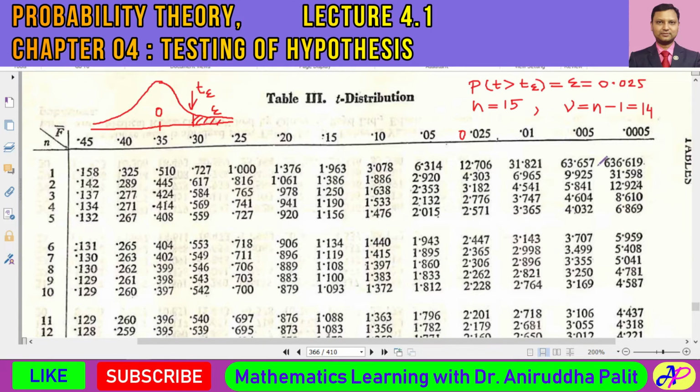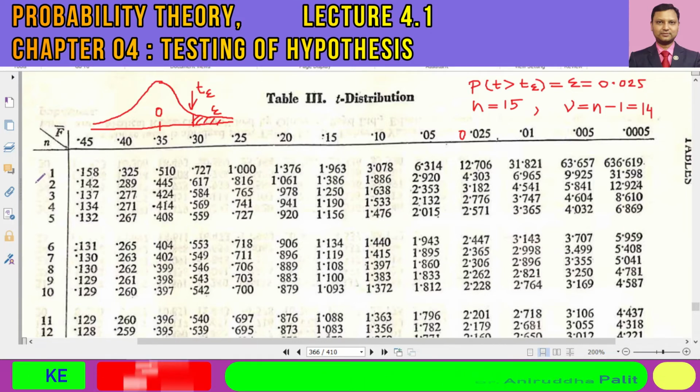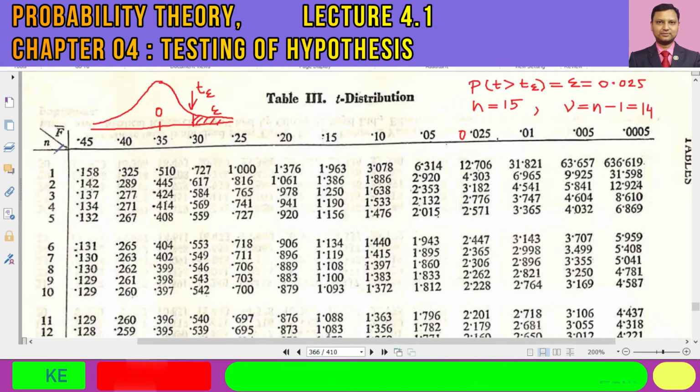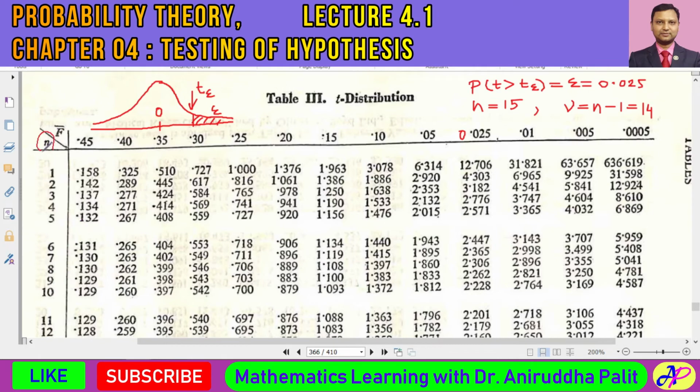All right, and this left hand side, these values, represent the degrees of freedom. Although it is written as n, don't mix this n with this nu.